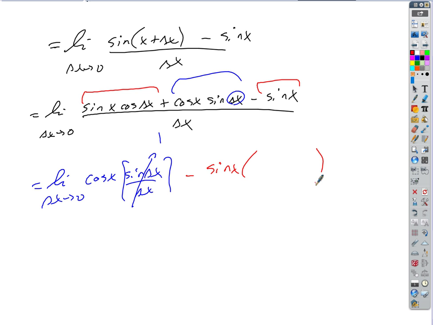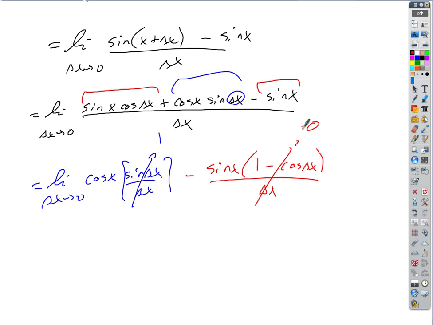This one's going to give me a 1. This one's going to give me a minus cosine delta x. And I've got my common denominator of delta x on the bottom, right? Because I split up these terms separately, so they each get the common denominator. That's a limit we know too. What's that one? Yeah, that one goes to 0.